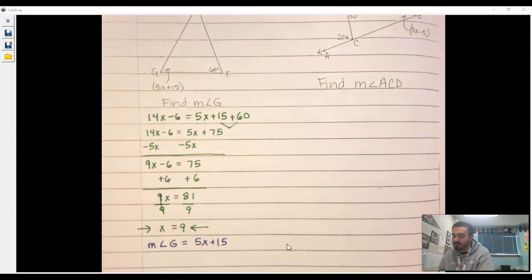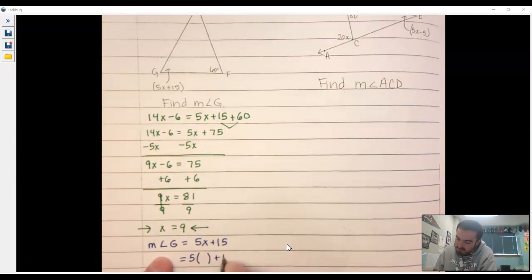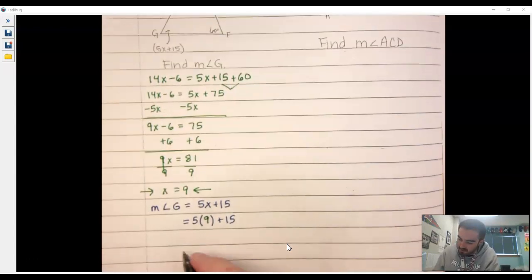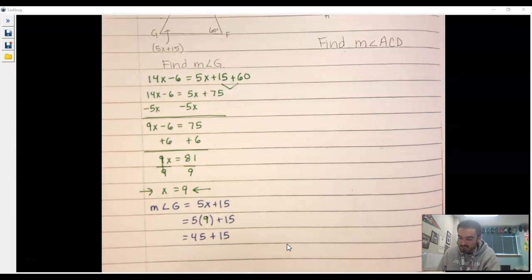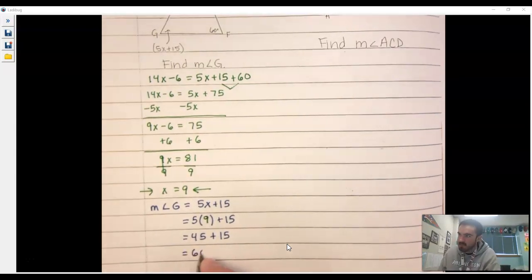Cool. Well, what else do we know? We know that x is 9, so couldn't we plug in 9 here to find the measure of angle G? I think we can. Let's plug it in. Instead of x, I'm going to write 9 here. 5 times 9, if you put that in your calculator, is 45, plus 15. 45 plus 15 equals 60.